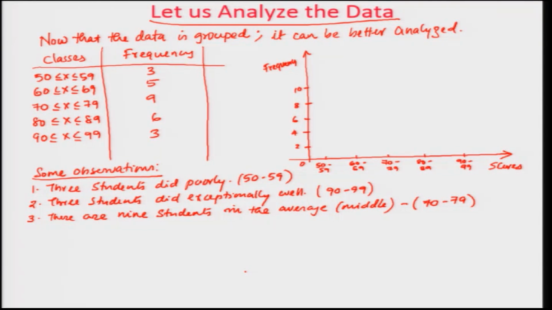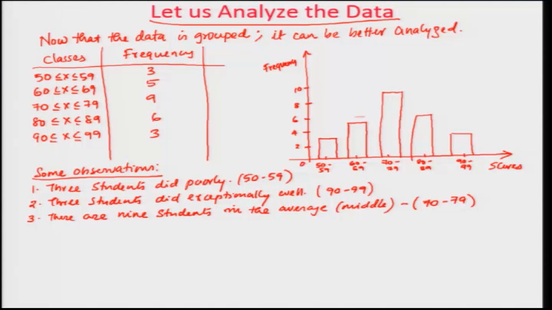For 50 to 59 we have 3 people, so somewhere here we draw a bar. Then 60 to 69 we have 5, so it is somewhere here. Then 70 to 79 we have 9, so this will be somewhere here. Then 80 to 89 we have 6, so somewhat here. My graph drawing skills are not very good. Then we have 3.